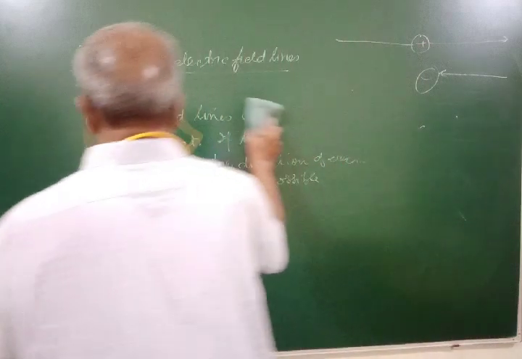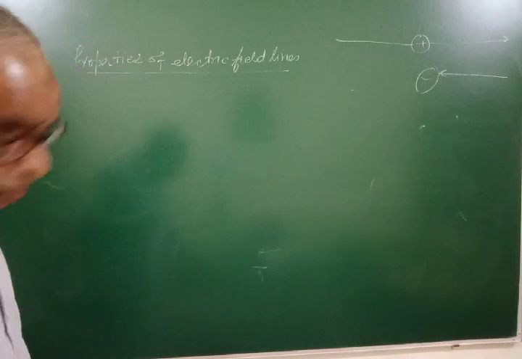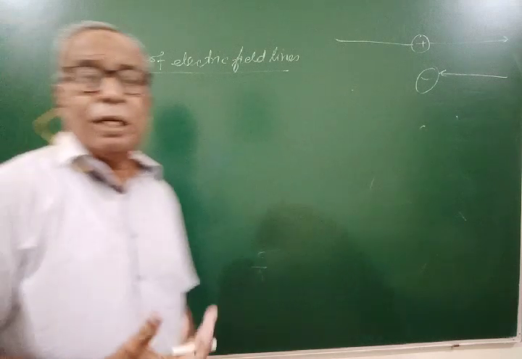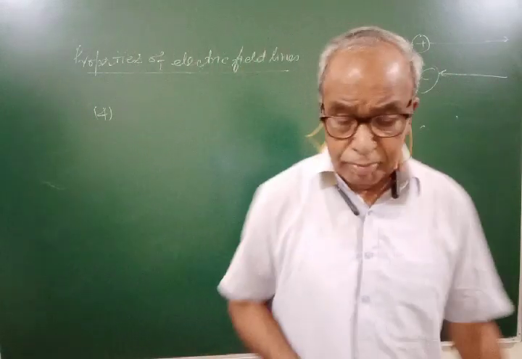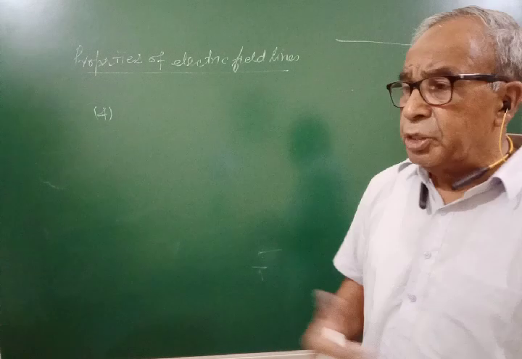Now the last property, which is very important to understand here. Questions are asked on fundamental things in every exam, whether a competitive exam or a board exam, but we don't understand how simple it is.